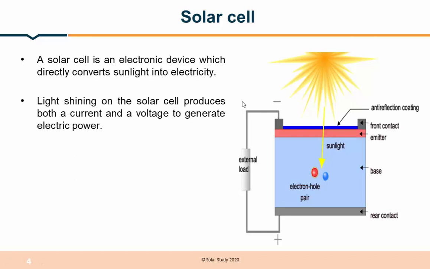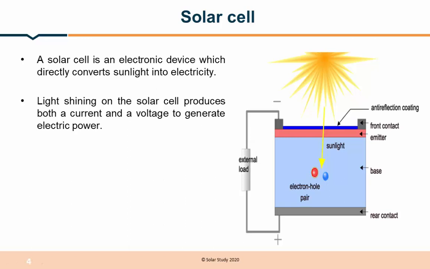So light shining on the solar cell produces both current and voltage. As I told earlier, electron hole pairs generate the voltage as well as current. When electron hole pairs are generated, they produce some potential difference, which indicates the generation of voltage.